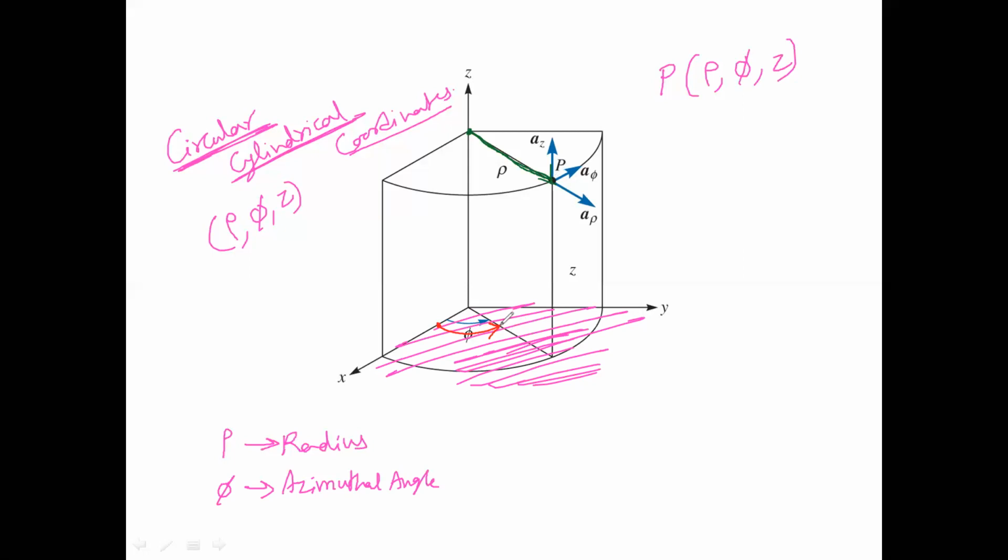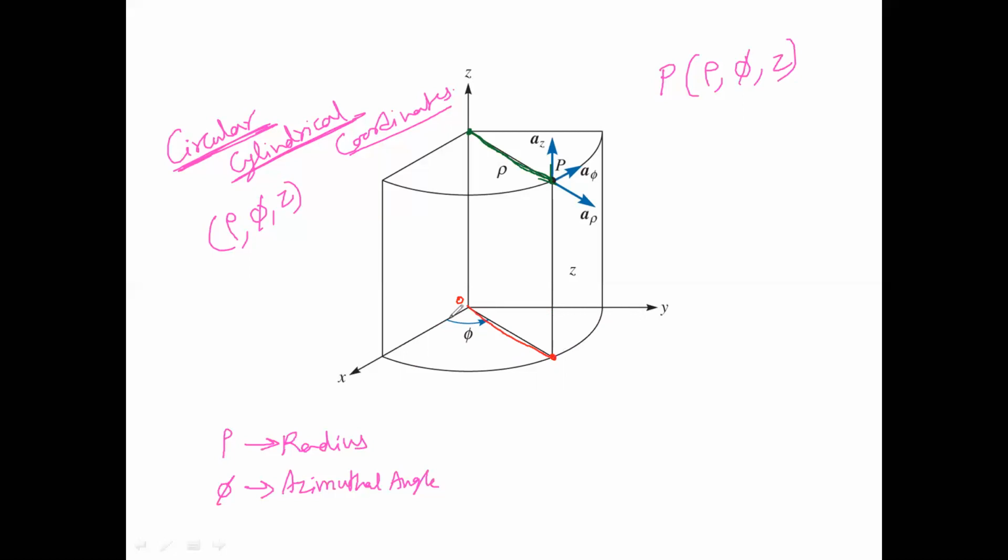In order to have the particular angle, first you need to project point P onto the xy plane. Let me show you in a clear manner. Whatever point you have projected, you draw a line from the center O onto this circular cylindrical surface.